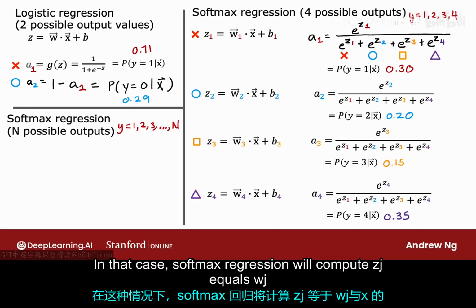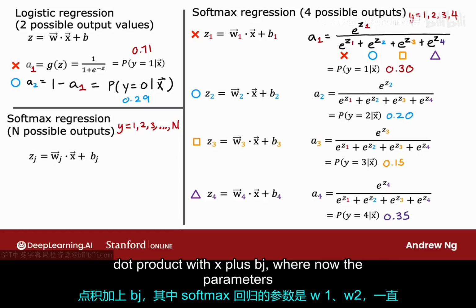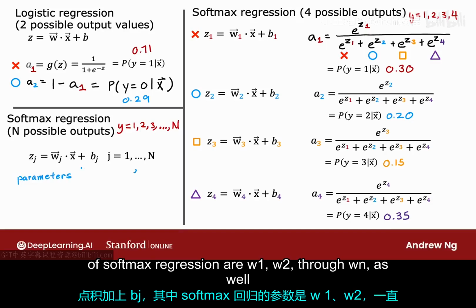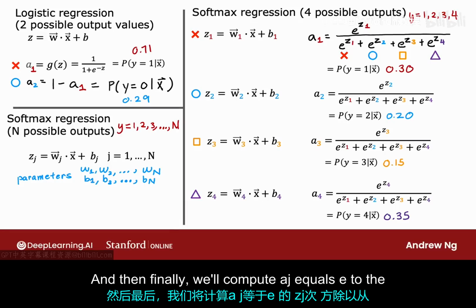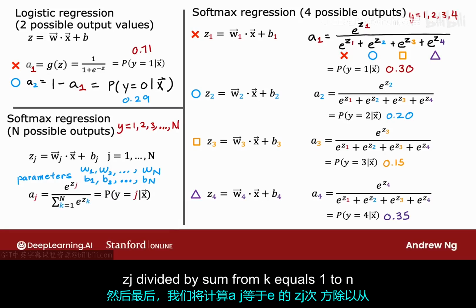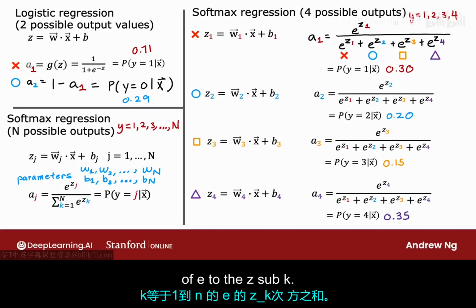In that case, softmax regression will compute zj equals wj dot product with x plus bj, where now the parameters of softmax regression are w1, w2 through wn, as well as b1, b2 through bn. And then finally, it will compute aj equals e to the zj divided by the sum from k equals 1 to n of e to the z sub k.